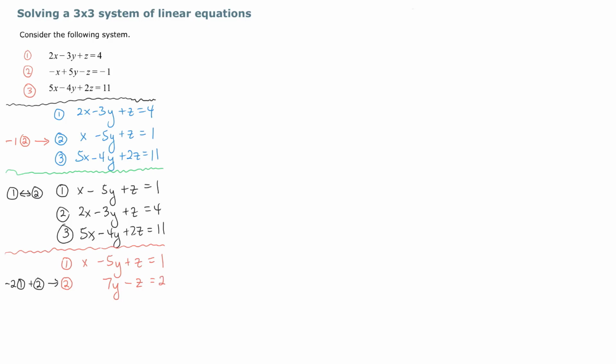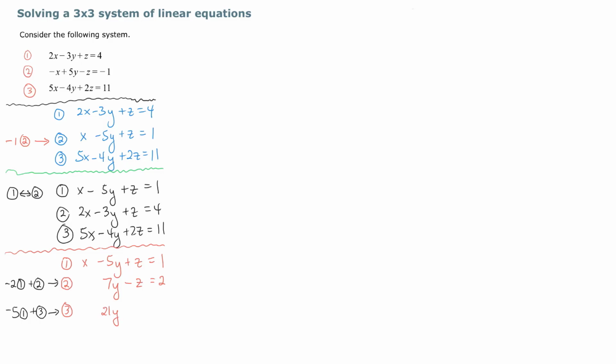In a similar fashion, we're going to perform the addition method for equations 1 and 3. So we're going to do negative 5 times equation 1, add it to equation 3, store in this new equation 3. If we do this, we get 0 times x, and now we get 25y minus 4y, so that's 21y.